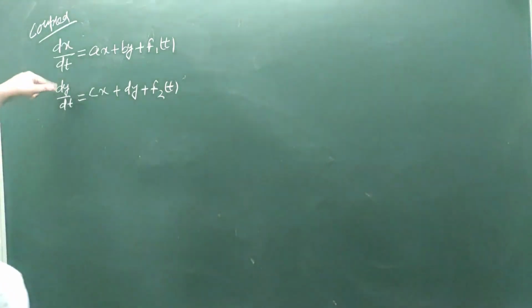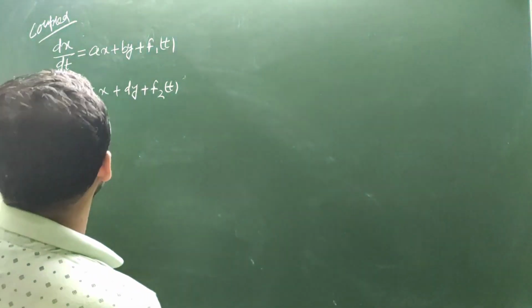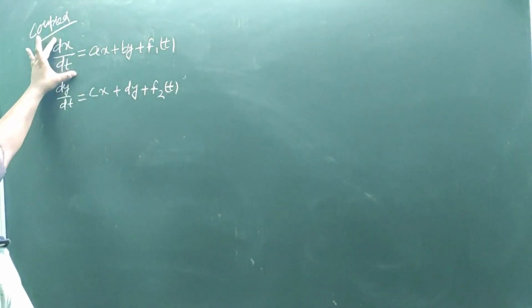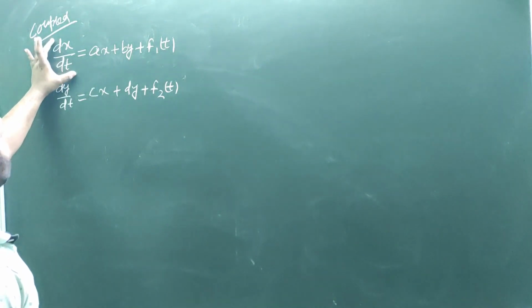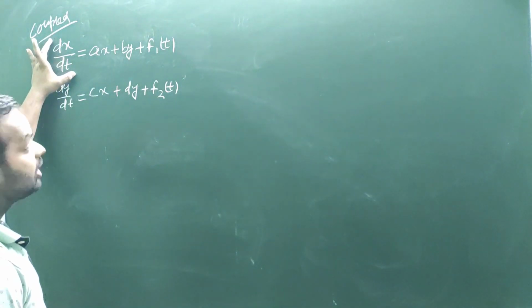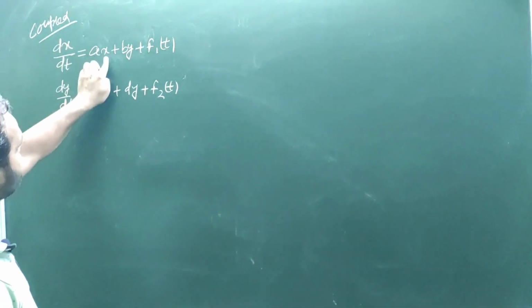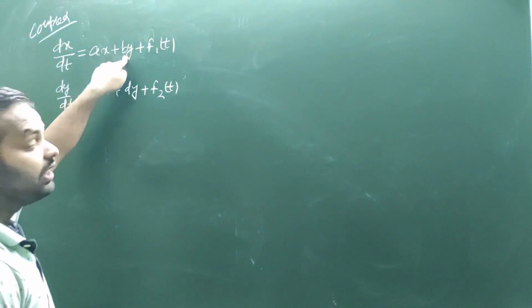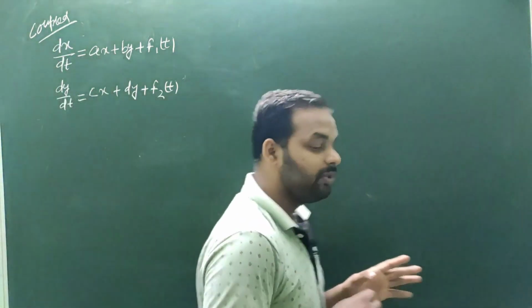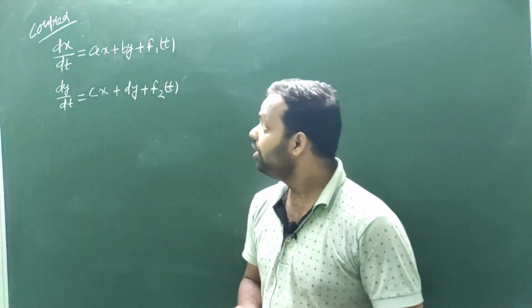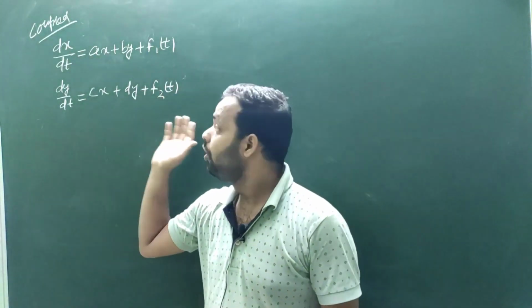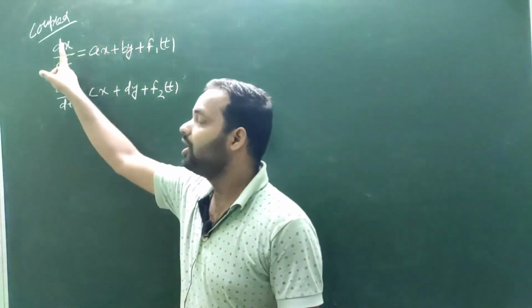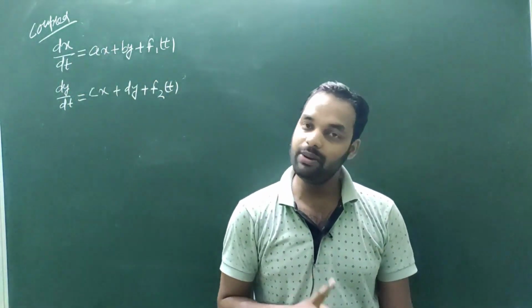If you look at these two equations, the rate of change of x with respect to t depends on x and y as well. Previously, whatever we have done, there was only one dependent variable and one independent variable.